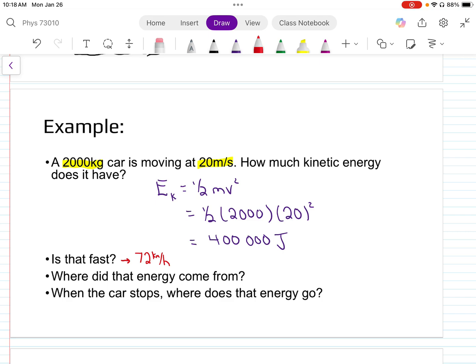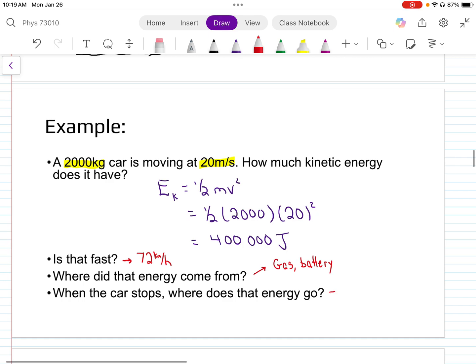It takes quite a bit of energy to get a big heavy car going at that kind of moderate speed. Where did that energy come from? That's a trickier question nowadays, but that came from the gas in the car or the battery if you have an electric or a hybrid car, but something had to give it that energy. And then the bad news is when a car stops, where does that energy go?